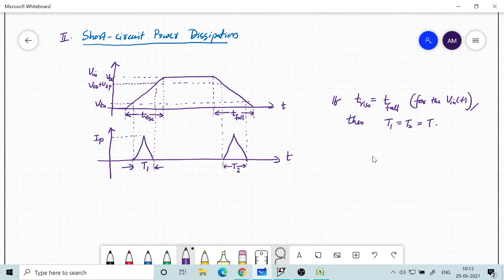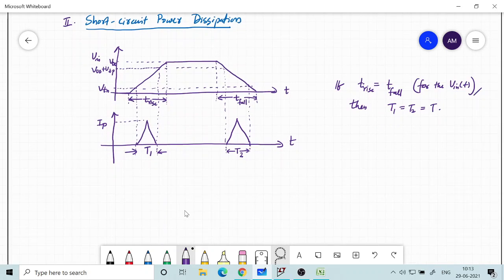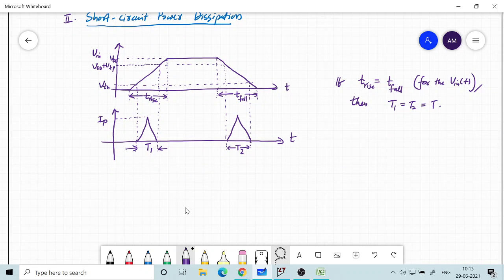Now, what is the power dissipation? To find out this power, again this power is supplied by the source, and this is our short circuit current.